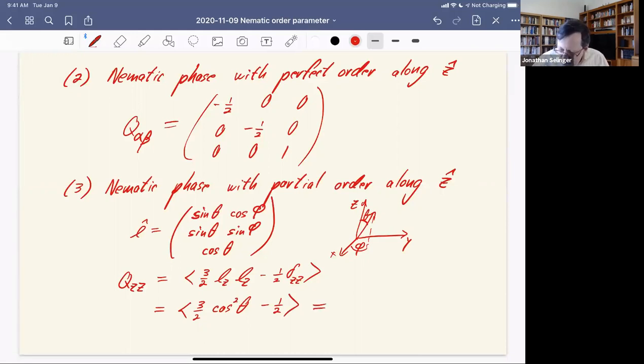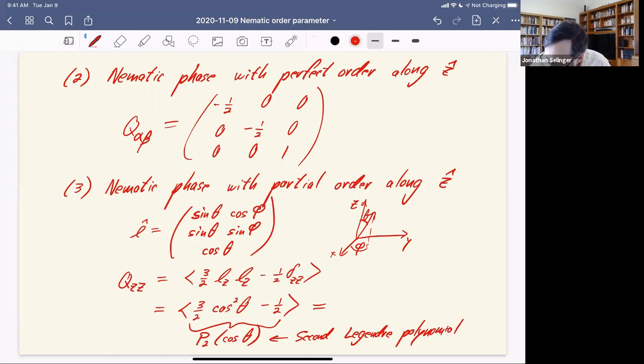It turns out that this object inside the brackets is a standard thing in mathematical physics, labeled P2 of cosine theta, the second Legendre polynomial in cosine theta. This might be familiar to some of you from courses in electromagnetism or quantum mechanics, because it comes up in those branches of physics also.